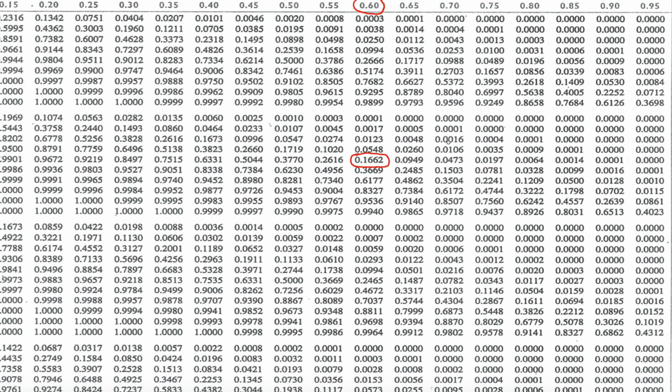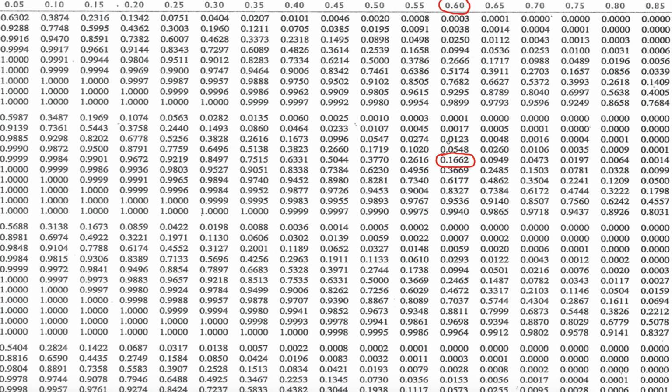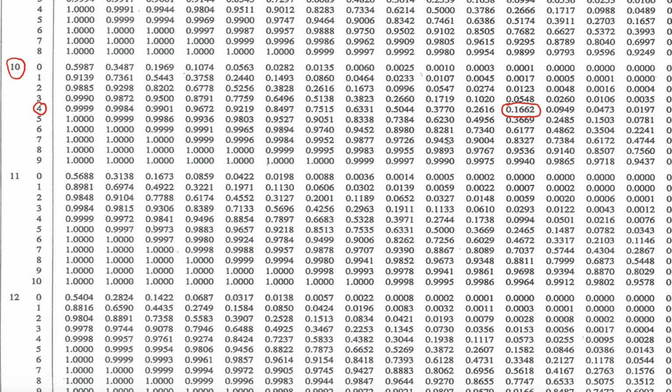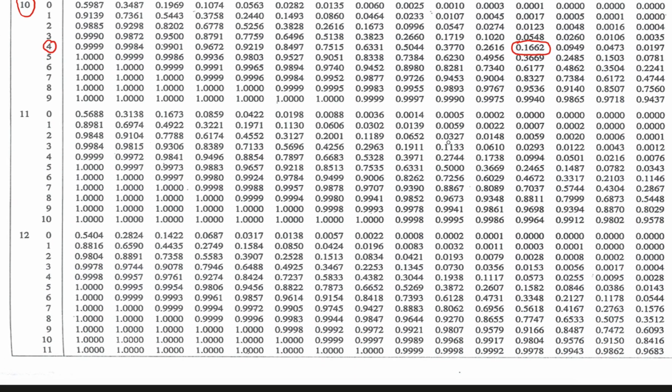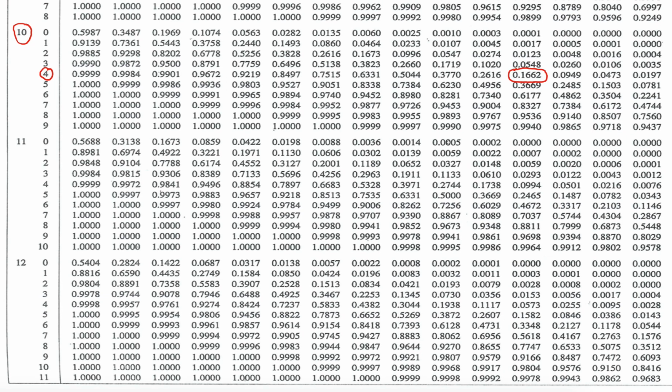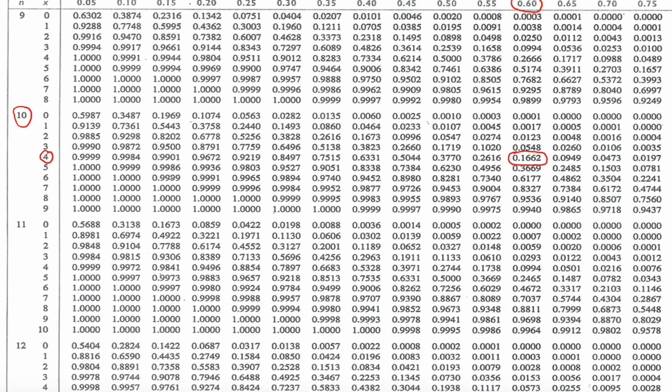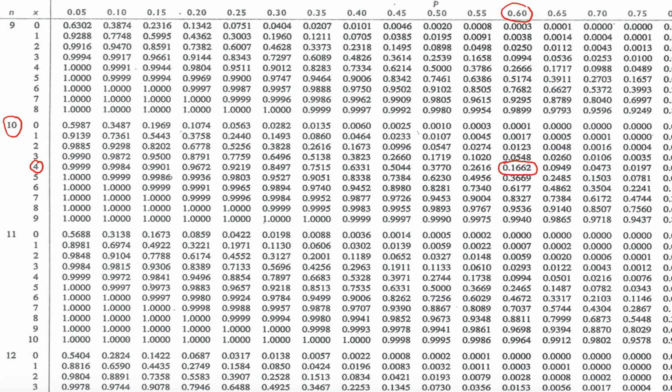Also, another limitation is the n. I believe there's another page to this table, and it may go up to like 20 or 25. But if your n is like 30 or 40, this table wouldn't be helpful. Just like any table of values, it can only hold a finite number of useful results.